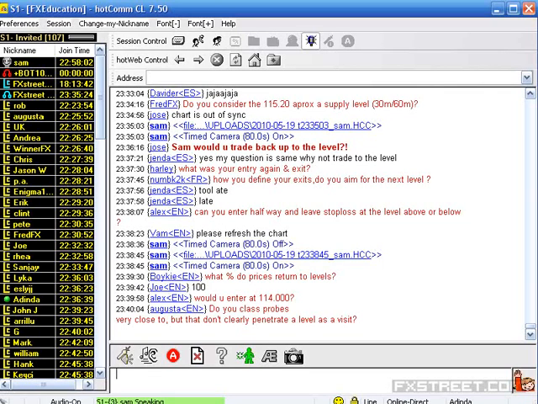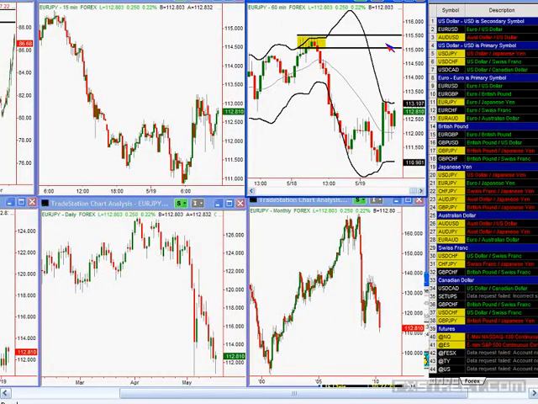Augusta, I'm not 100% sure I understand your question. It says, do you class probes very close to, but that don't clearly penetrate the level? I think the question is, if prices come close but don't meet entry and then move away, would you take it again? Typically, I would.